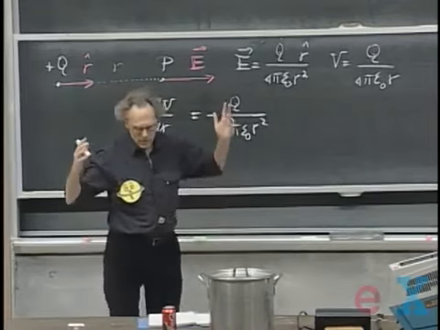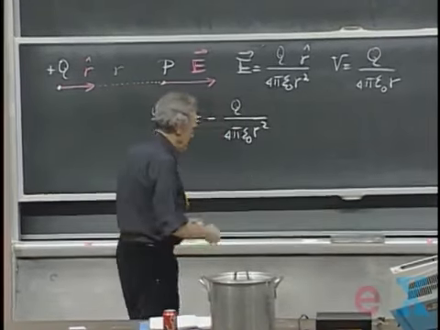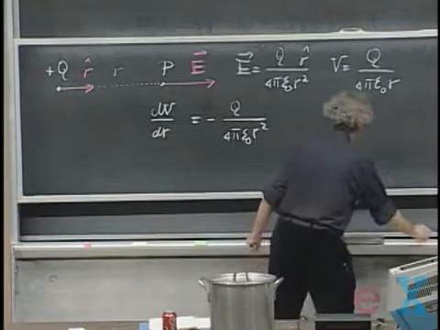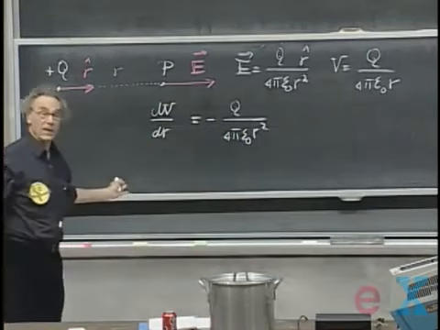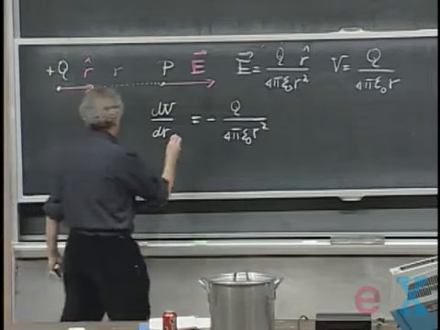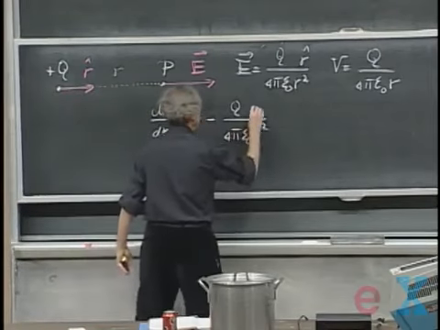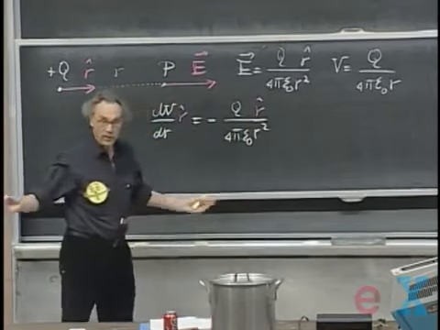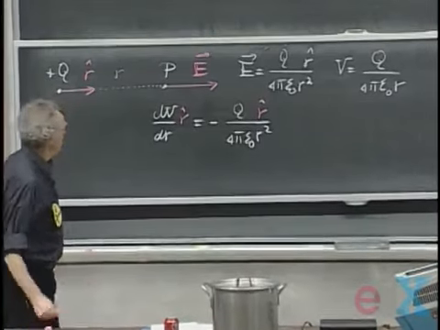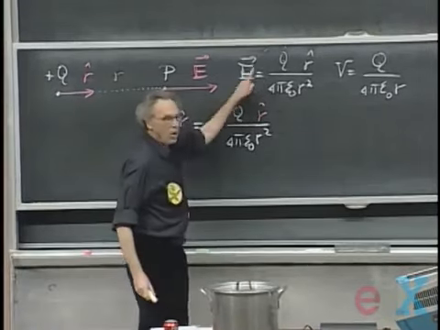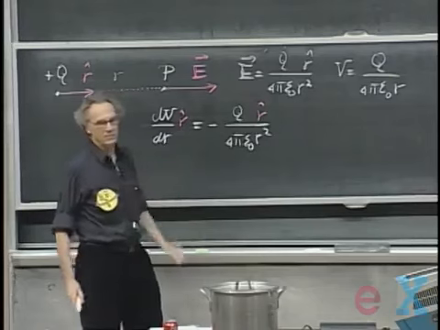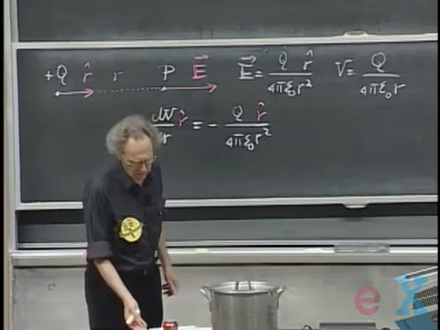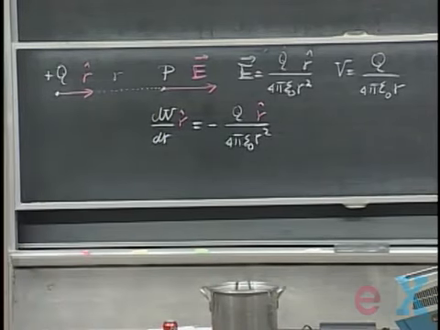Of course, if I want to know what the electric field is, I need a vector. So I will multiply both sides, which is completely legal, with a unit vector in the direction r, so that turns them into vectors. And now you see that I'm almost there. This is almost the same, except for a minus sign. And so the derivative of the potential is minus E, not plus E.